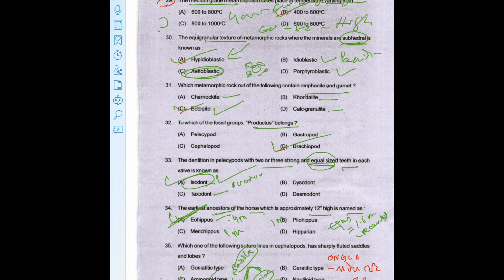And in case of sharply fluted saddles, the saddles and lobes are found to be irregular, like this. So this is ammonoid type. So ammonoid type is the correct answer.